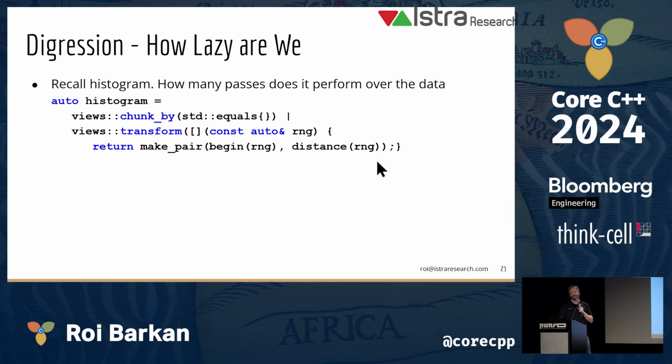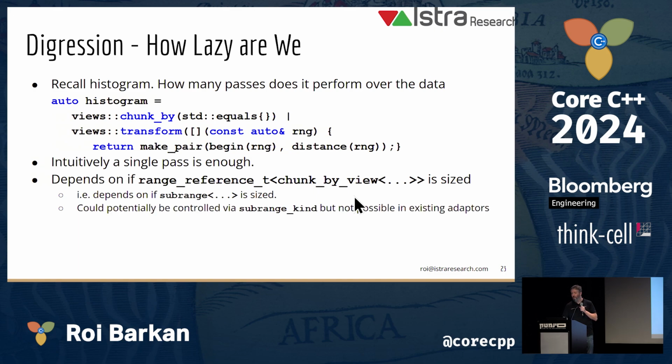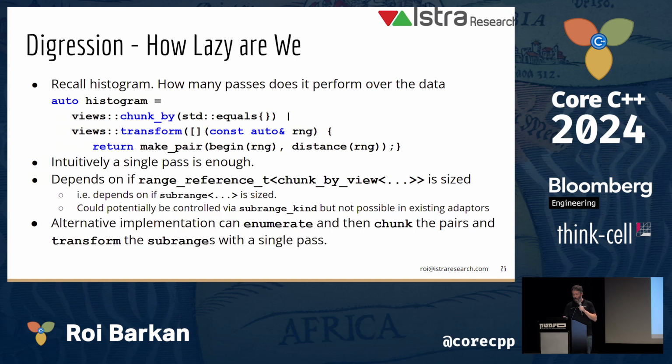But again, the distance can sometimes take extra time. So while this operation might look like something that can be done in a single pass, if the input range happens to not be sized, distance itself can take some time, and this operation will still be linear, but it will actually require 2 passes over the input and not just 1 pass. That's because subrange itself, which is the result of chunk by, might not be sized. This is a little bit into the weeds, so I won't talk about that more.